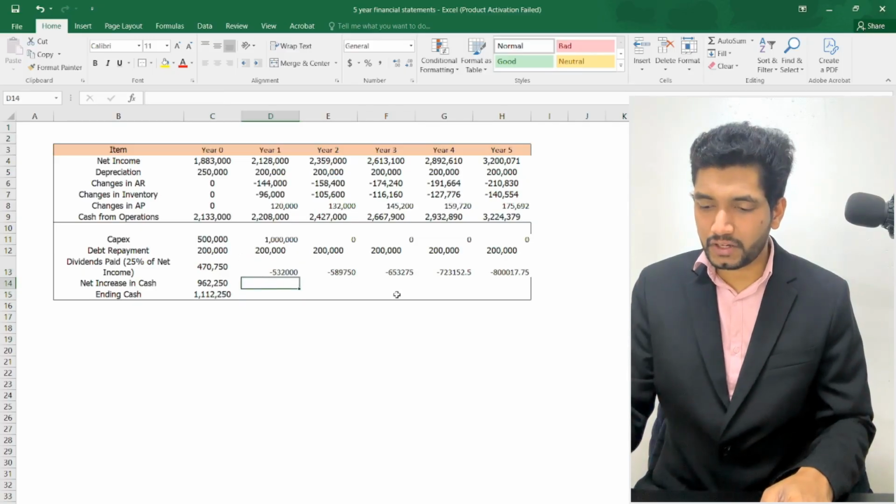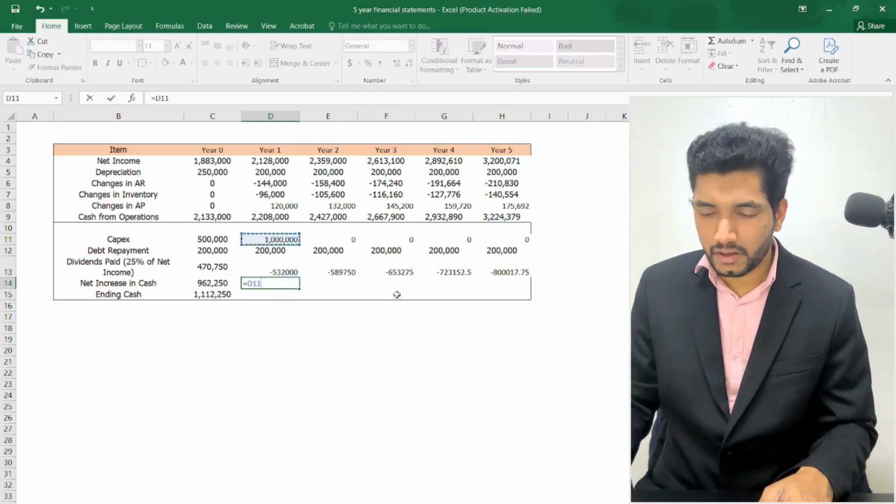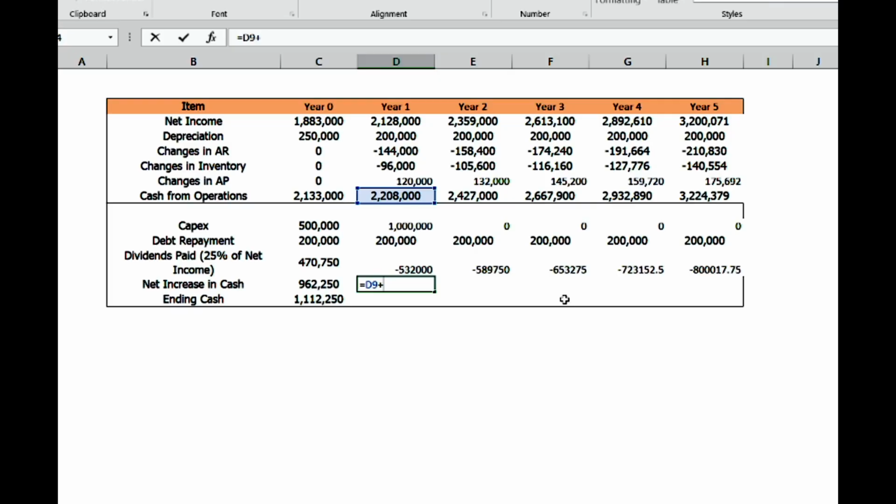Now let's compute the increase in the cash. That is cash flow from operations plus capex. Again, one more thing: the capex payment is a payment, so it should be a negative number. So I'm multiplying with minus 1. Then the debt repayment is also a negative number, so I'm multiplying it with minus 1 to get the negative number.